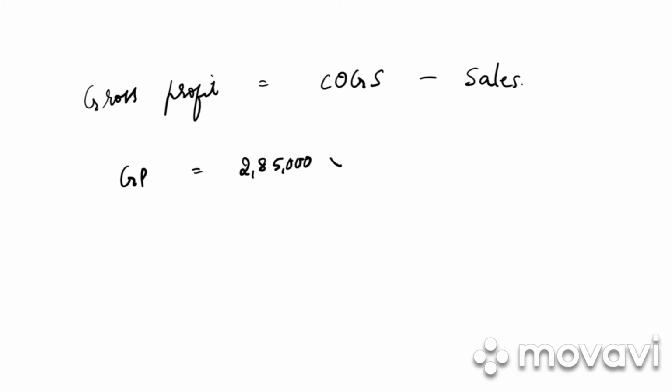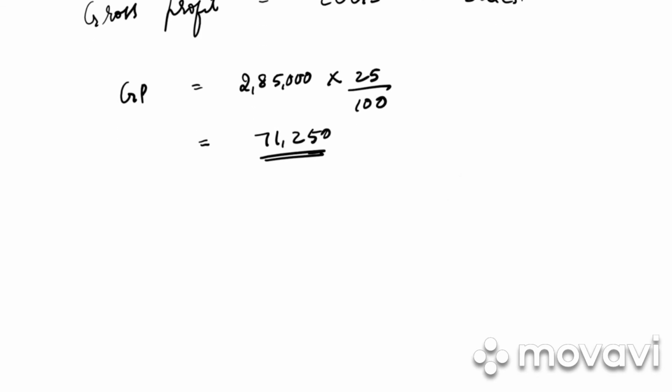So gross profit is equal to sales minus cost of goods sold. We know the amount of sales, that is 2,85,000. We know the percentage of gross profit, that is 25% on sales. So 2,85,000 into 25 by 100, that is 71,250. So what will be cost of goods sold?